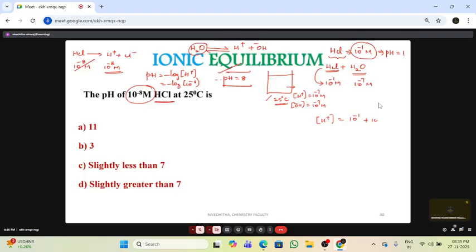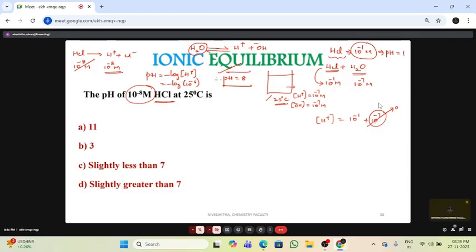The magnitude of 10 power minus 7 is a very small number if you compare it with 10 power minus 1, so you neglect it. It tends to 0. So what will be the H plus ion concentration? Approximately it is 10 power minus 1. So that is why pH is equal to 1.